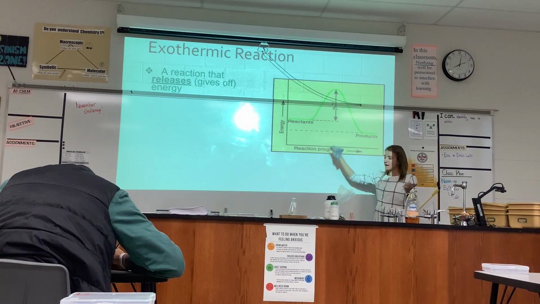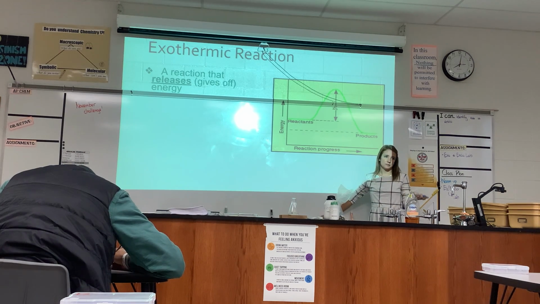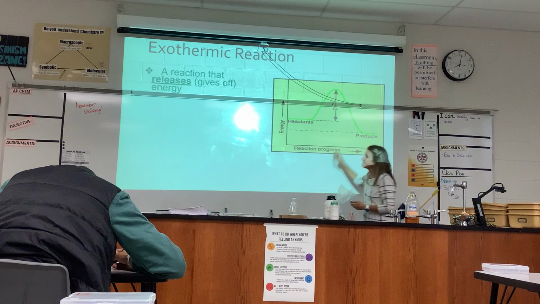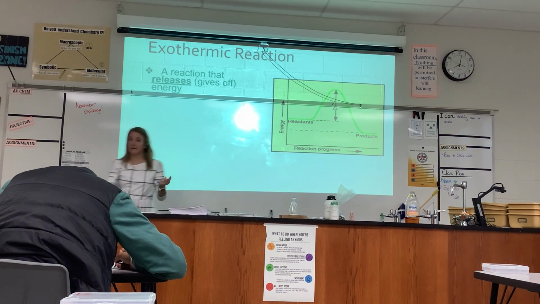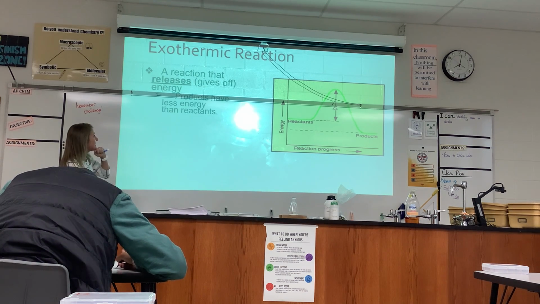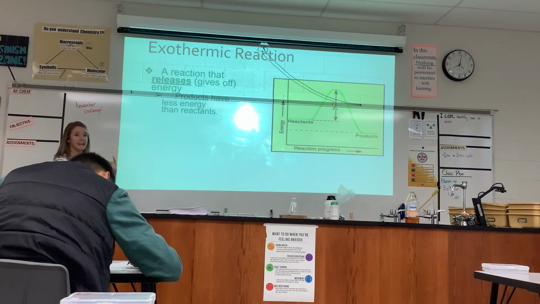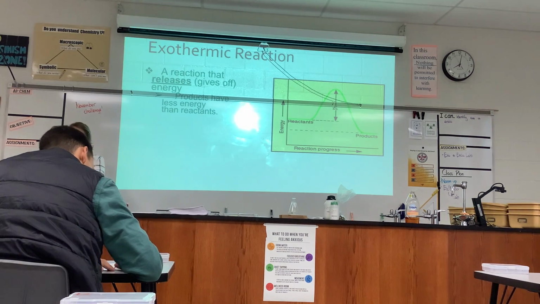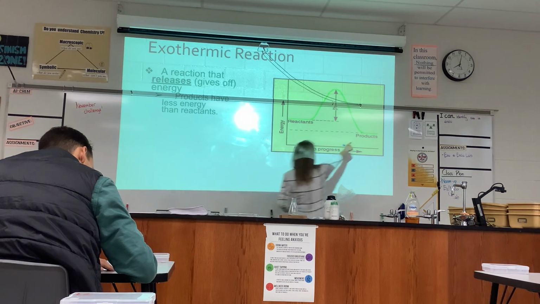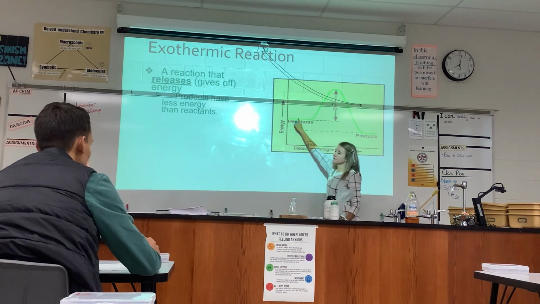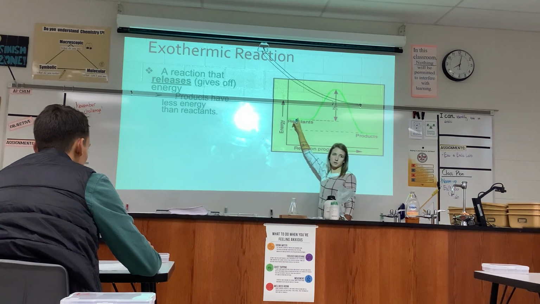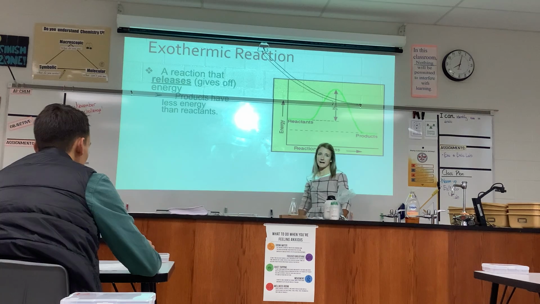Here's an example of one type of exothermic reaction graph. Another way you can identify if something is exothermic is that the products have less energy than the reactants do. So for exothermic, the products will always be lower than the reactants.